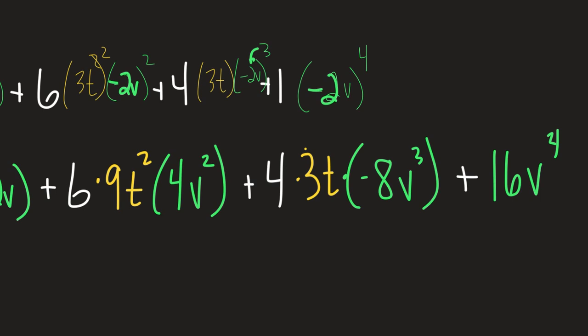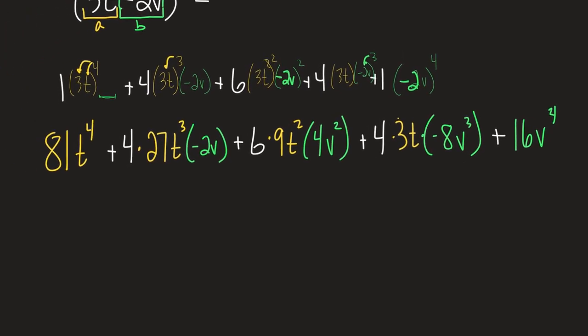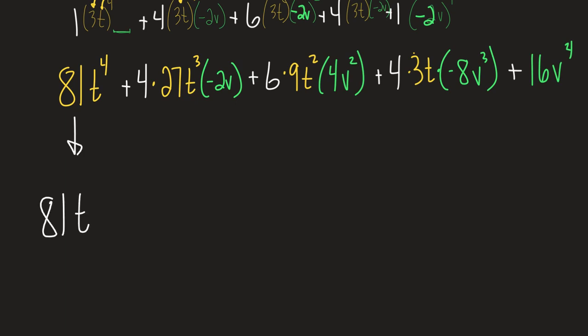Sometimes it helps if you do a secondary multiplication step before we do our final simplifying. So if you're good with your brain, that's awesome. You might need to get a calculator if you want some help. So nothing changes here, so this is still 81t to the fourth. That's your first term. Your second term is 4 times 27 times -2.